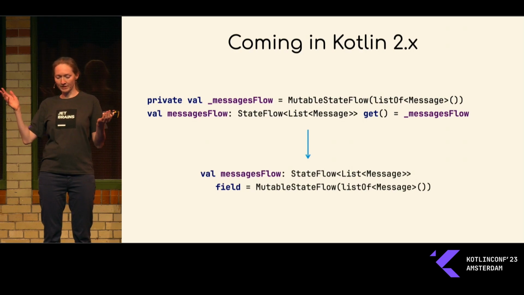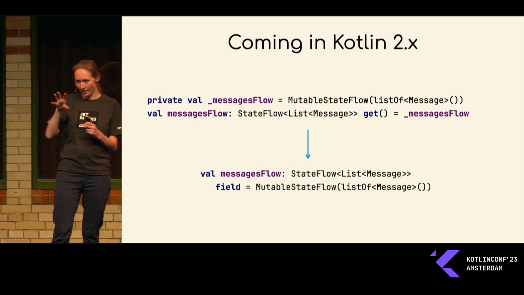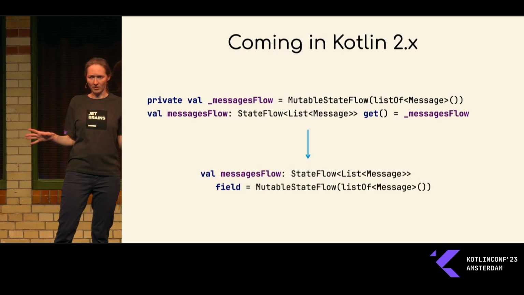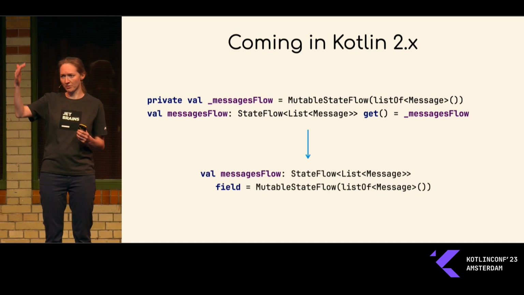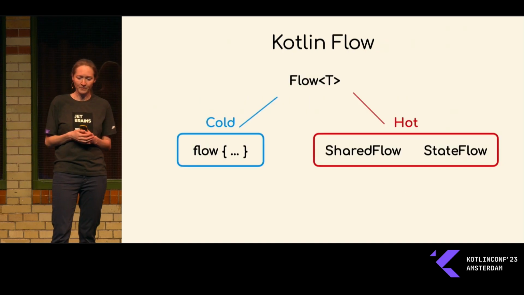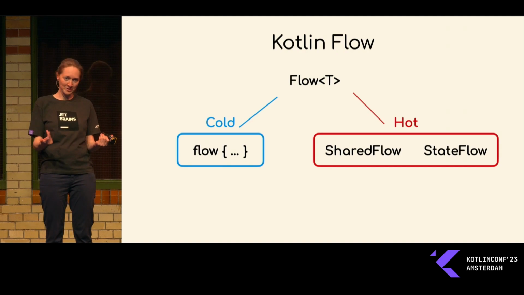But the thing is, we will not need these two variables, but currently it's a very typical pattern that you see all over the place, when you have just two variables, one private one, and the other one a public one exposing a different read-only type.